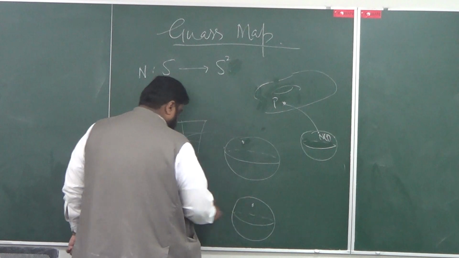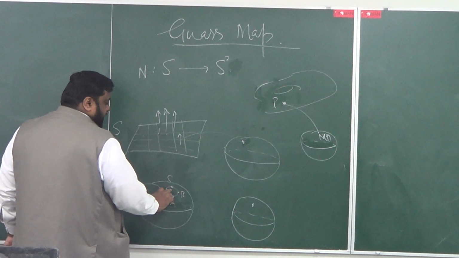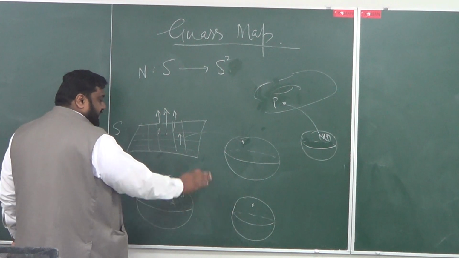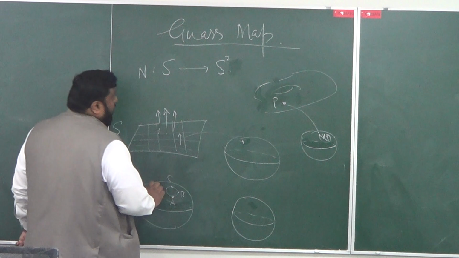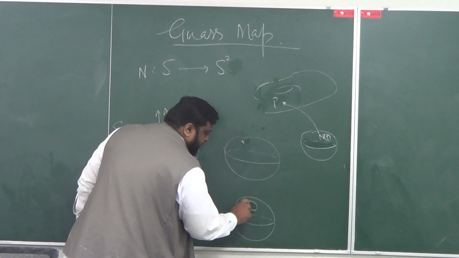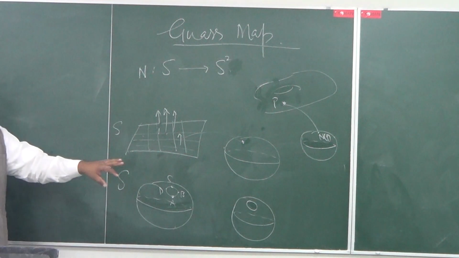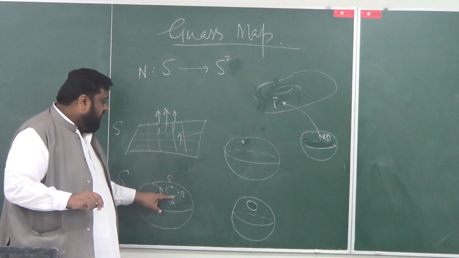So I can take this entire strip or this ball, and I can map it onto S2, and I'm going to get something similar on S2.